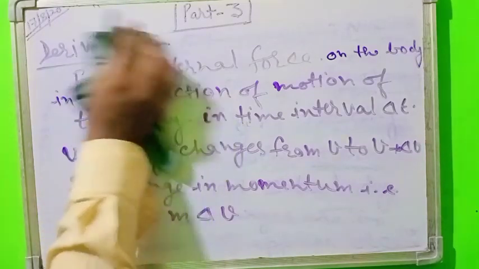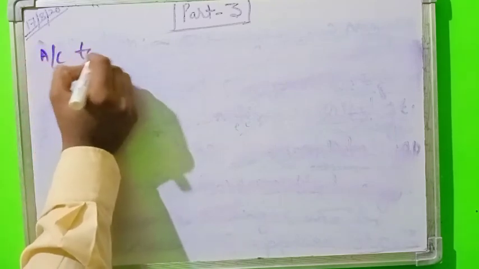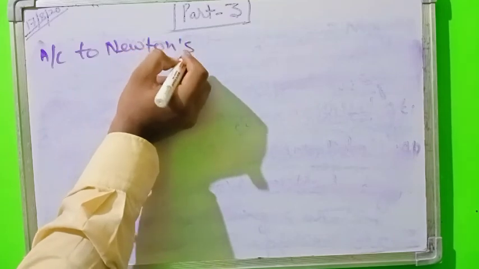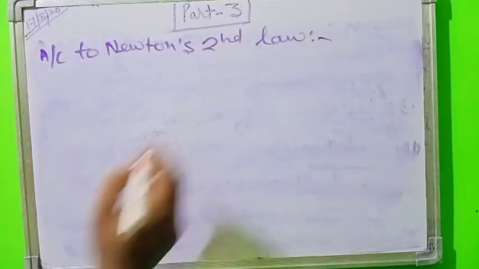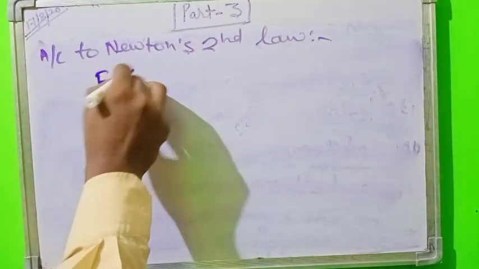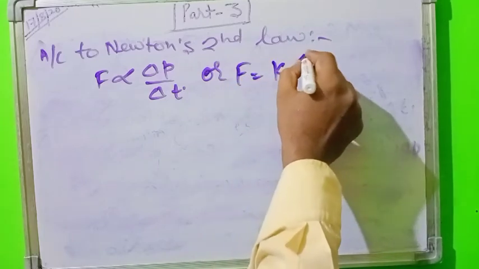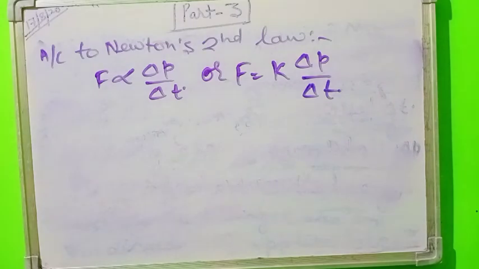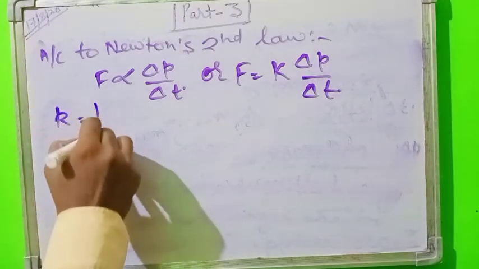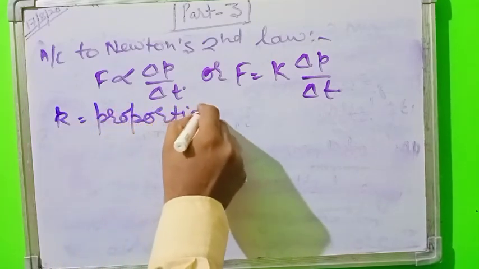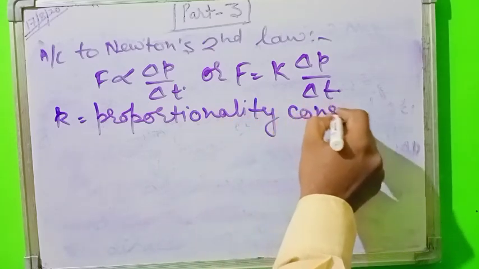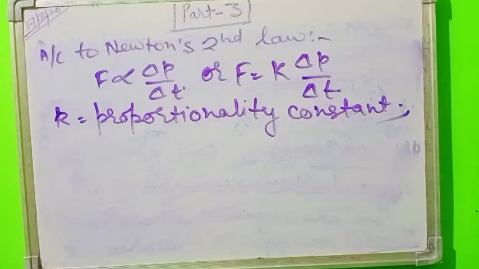Now according to Newton's second law, F is directly proportional to delta P upon delta T, or you can say that F is equal to K del P upon del T, where K is called the proportionality constant.